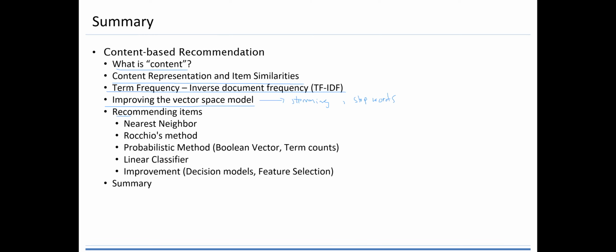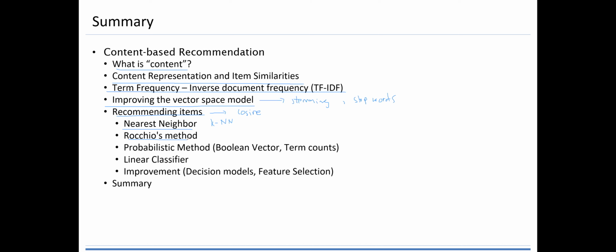So for recommending items, we learn about the cosine similarity. We can use the nearest neighbor, or how many, k and n. If we are using k equals 3, then we try to find the 3 nearest neighbors, and so on.